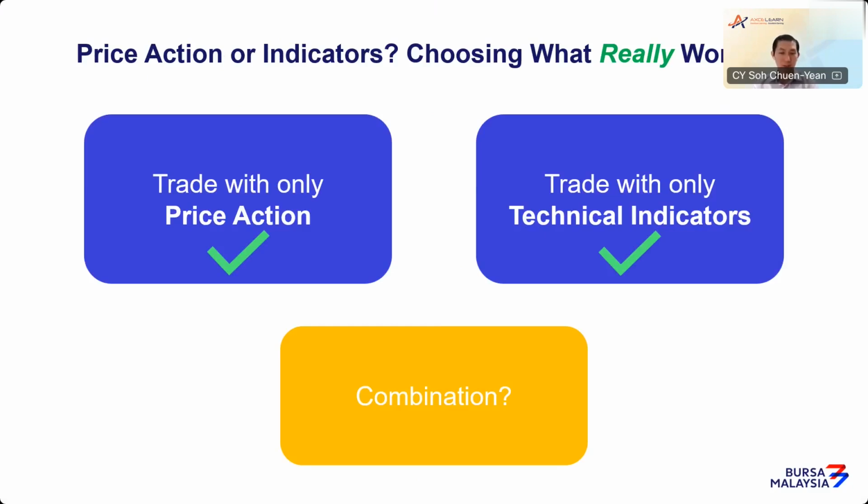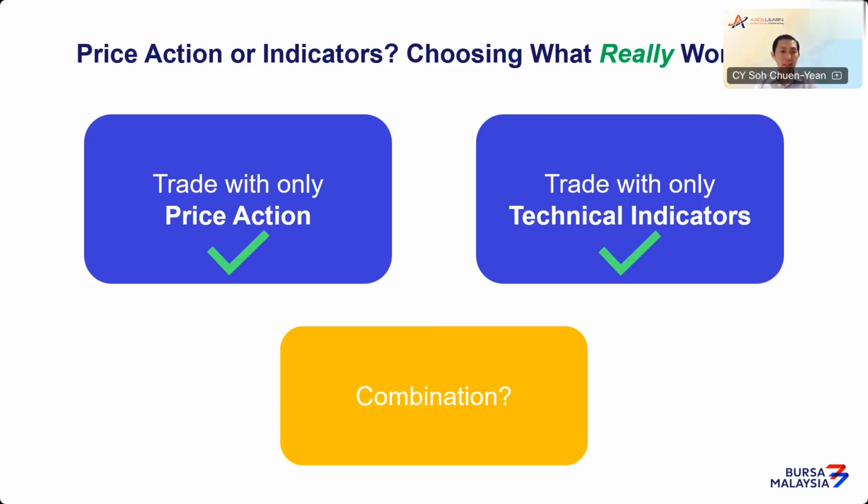In other words, a newer form of trading is what we call quantitative trading. They do a lot of back testing, they optimize the parameters of their indicators, and then they can still make money by only using indicators. How about combination? Of course, you can do it, provided you make sure that both price action and technical indicators move hand in hand.